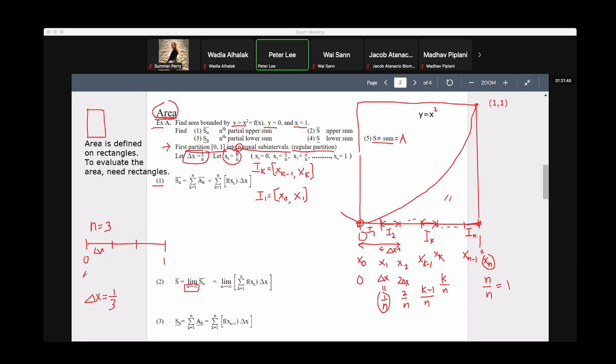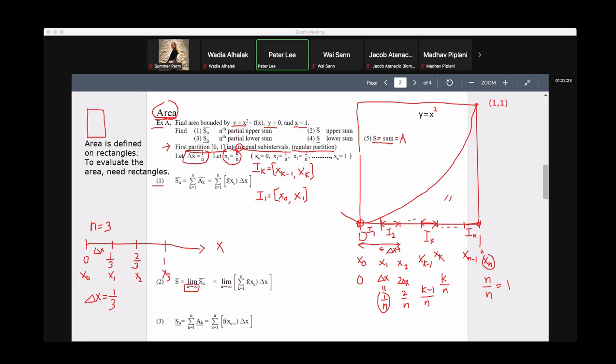Now we call this x0, this x1, this x2, and this x3, and x3 should be 1. This is the x-axis, of course. So what is x1? x1 is, in this case, 1/3. And what is x2? x2 is 2/3. Just to remind you, delta x is the length of the interval, but x of i, or x of k, are coordinates.